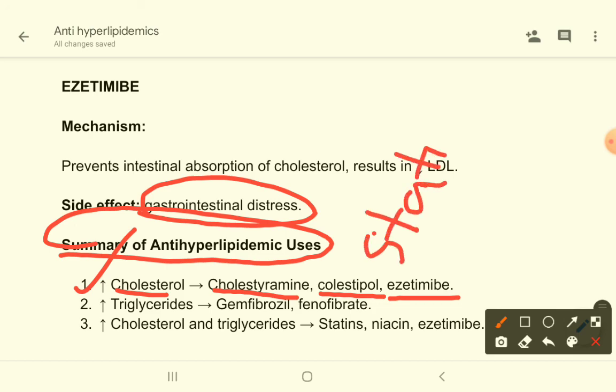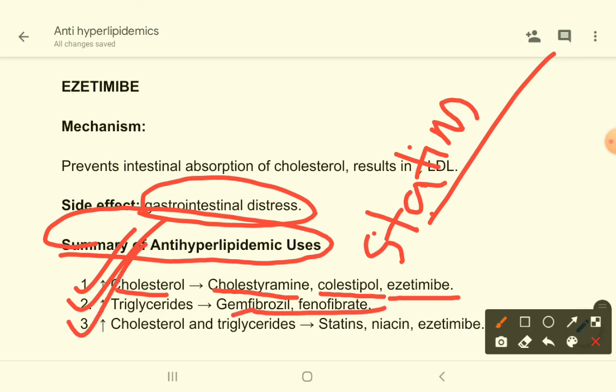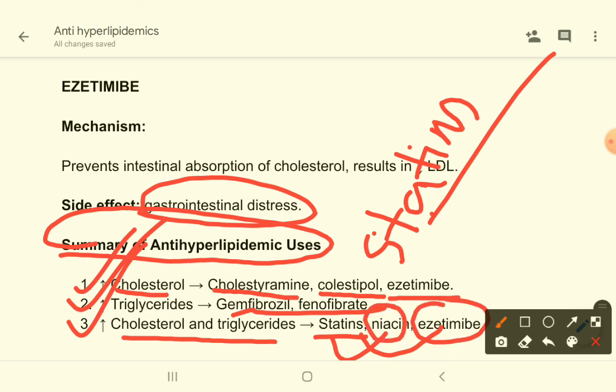Statins are important here. If there is increased triglycerides, you can use the fibrates. Okay? And if there is increased cholesterol and triglycerides, you can use statins along with ezetimibe, or statins along with niacin, or you can use niacin. Okay, ezetimibe alone is usually not used.